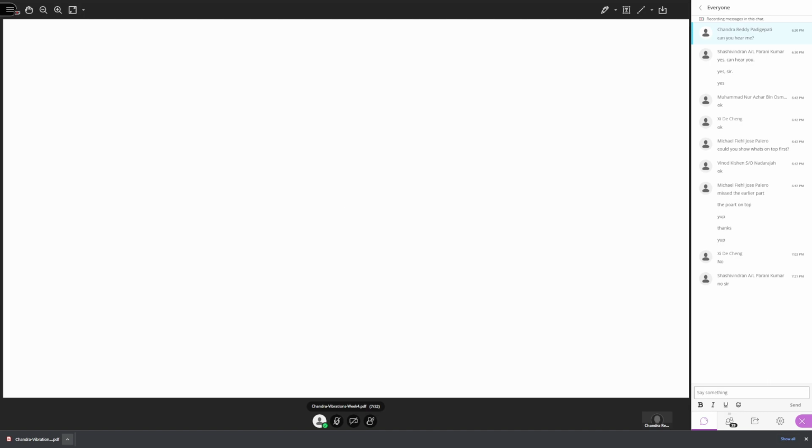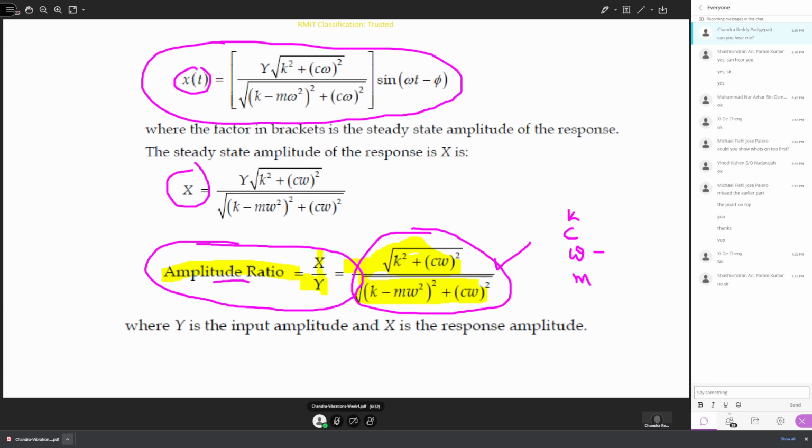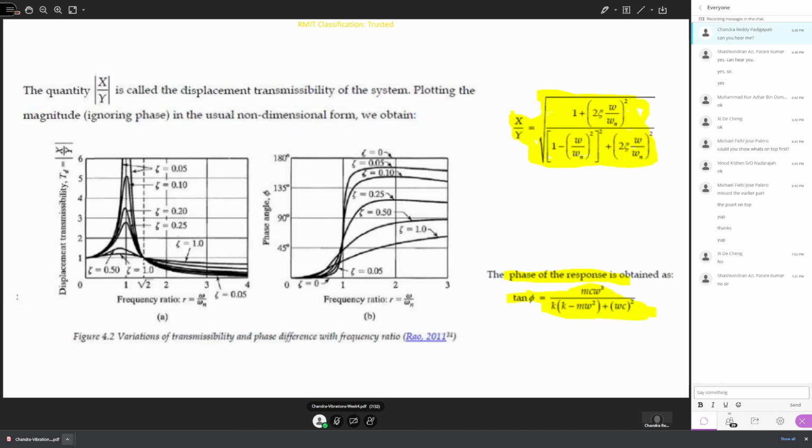Okay, so now we can study the response of this. Guys, please note down this equation. I'll clear this first. Now this equation can also be written as identically equal to this expression. This expression is easy to note down, easy to memorize.